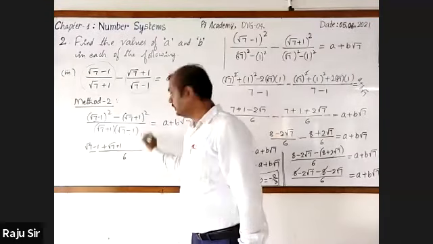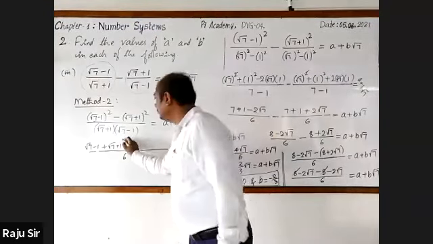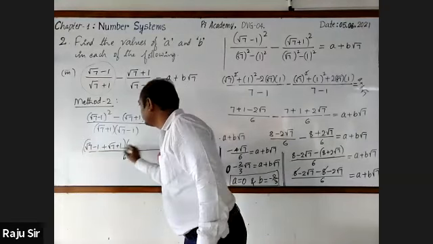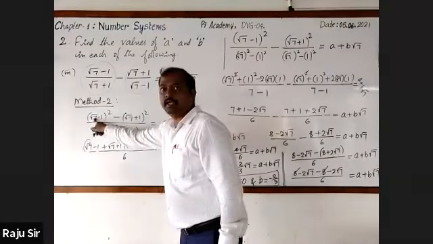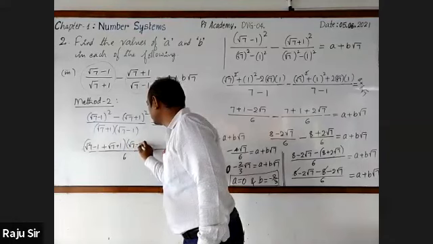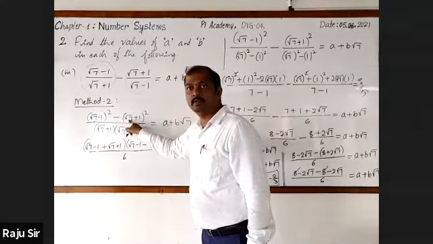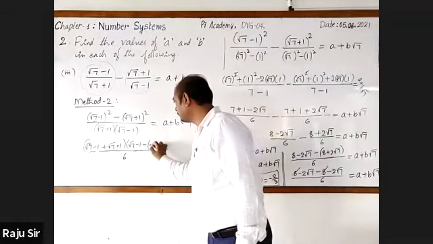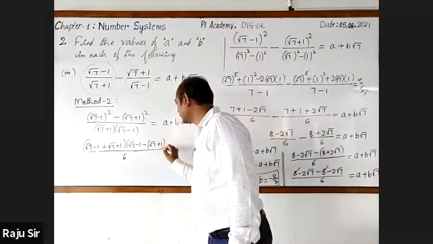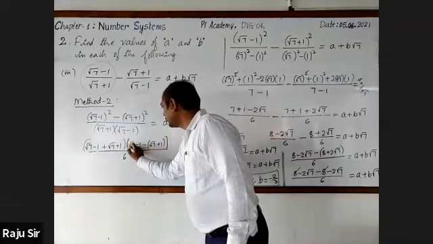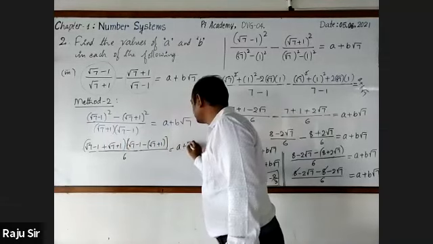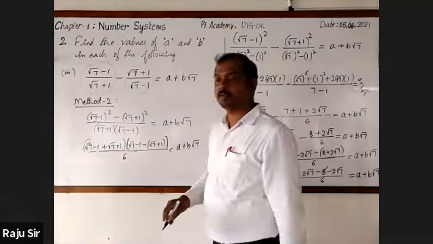A plus B, A is root 7 minus 1 plus B is root 7 plus 1, into A minus B, A is root 7 minus 1 minus B is root 7 plus 1. Now this is equal to A plus B into root 7.